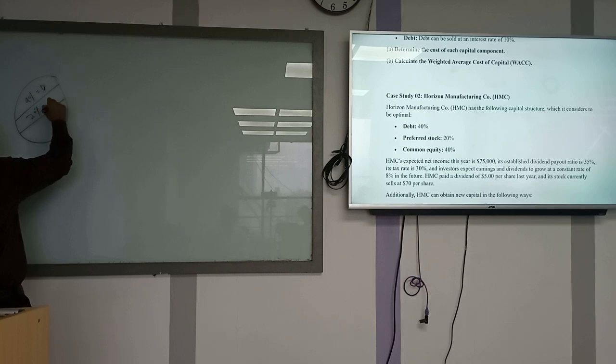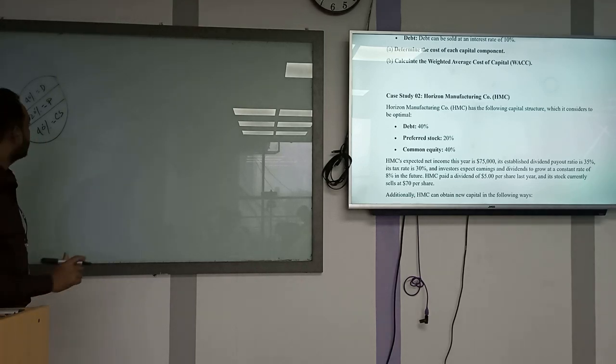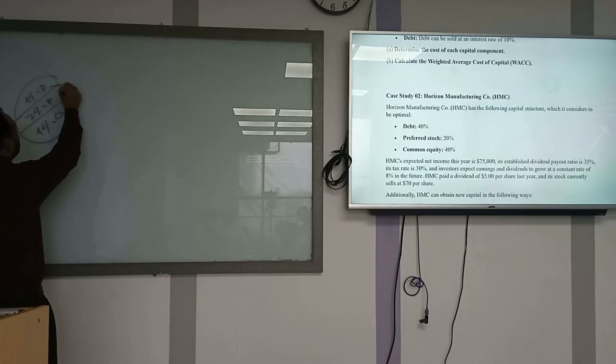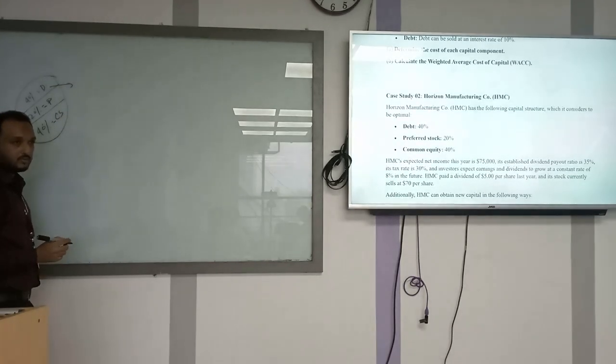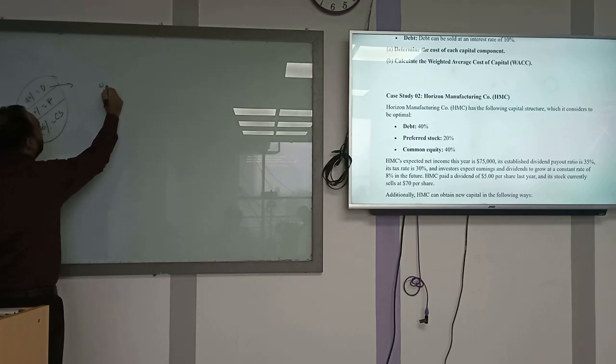So 20% is my preferred stock and the rest 40% is my common stock in the capital structure, and I consider it to be the optimal one for my company. So the weights are given, which means if you divide by 100 the weights come out as decimal figures: weight of debt, weight of preferred stock, weight of common stock.